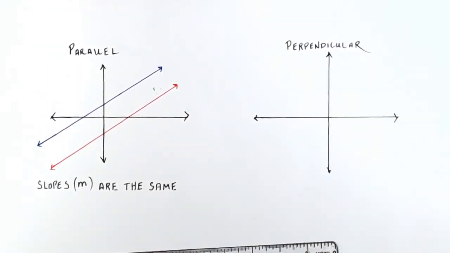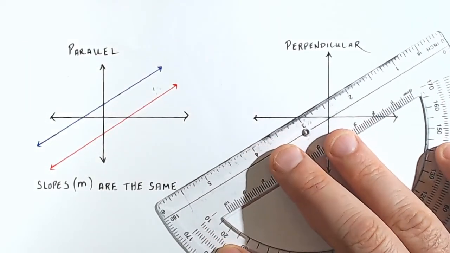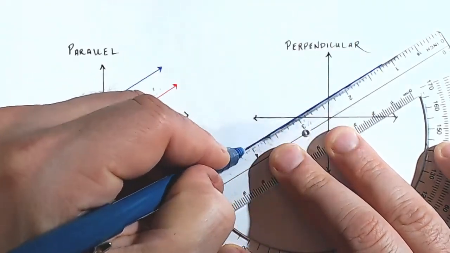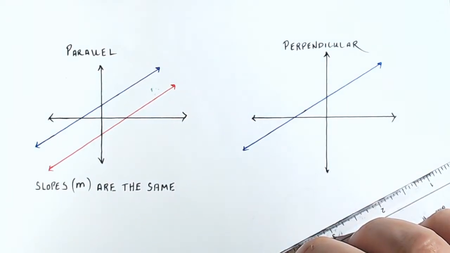Over here on perpendicular lines, see if I can't mimic that same blue line. Okay, so there's a line, and now I'm going to try to draw a line that's perpendicular to it.